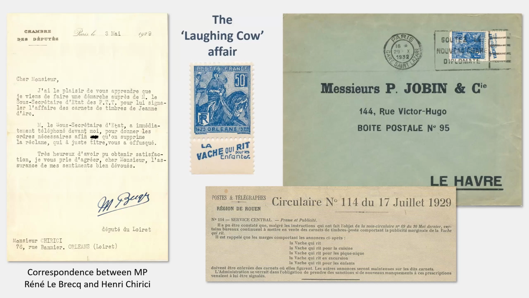And so demands for the booklets' withdrawal were sent to the local MP and the Under Secretary of State for the PTT. I've got here a copy of the reply dated the 3rd of May 1929 from the local MP.